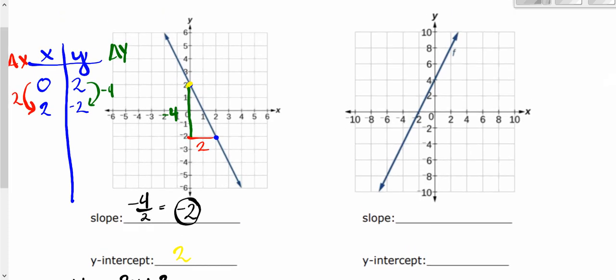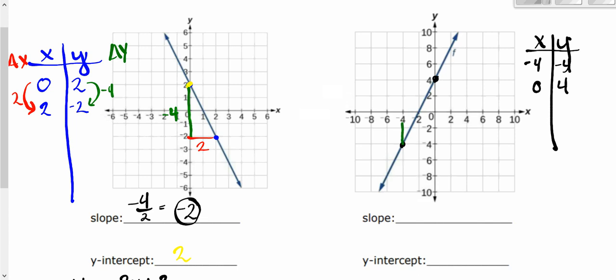As an equation, I have y equals negative 2x plus 2. Here on my next graph, if I create a table, looking at 2 points, I have a point at (-4, -4). And I have a point at (0, 4).